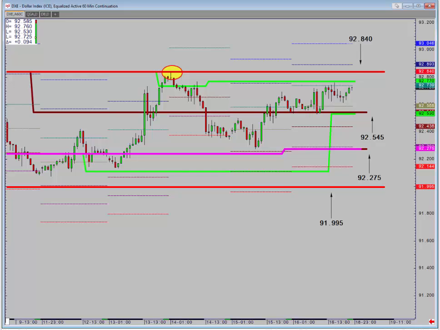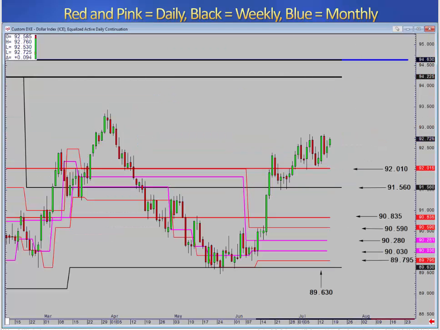New supports at 92.54.5, 92.27.5, and 91.99.5. And that connects with that first daily support at 92.01. 91.56 is the weekly support. A daily close below 91.50 would place the dollar back in sideways.